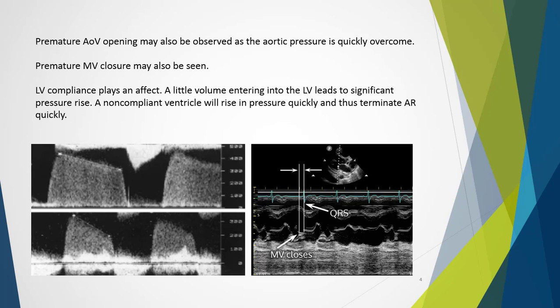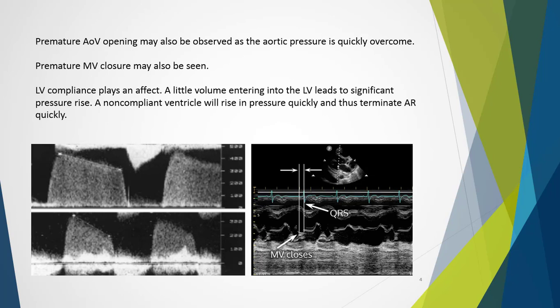LV compliance also plays an effect. It's a measure of how willing the ventricle is to stretch to receive an incoming volume. Typically, this is of importance for LV diastolic function, which indicates a non-compliant ventricle. This means a little volume entering into the left ventricle leads to significant pressure rise.